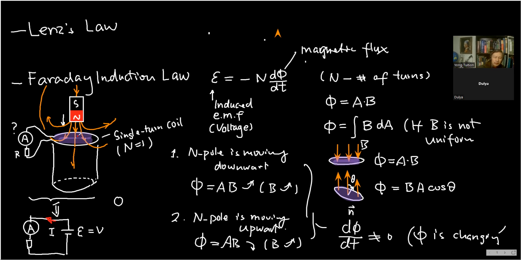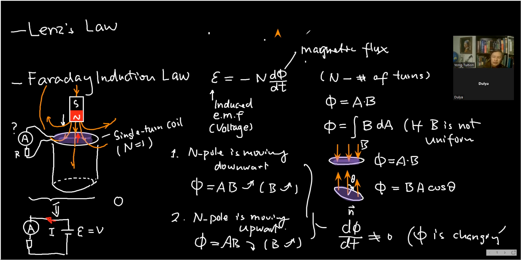Can we use the red color? There's an additional magnetic field. In this case, it builds up against the change, because the local field is increasing and the coil will generate a magnetic field to reduce the change, slow down the change, or resist the change.